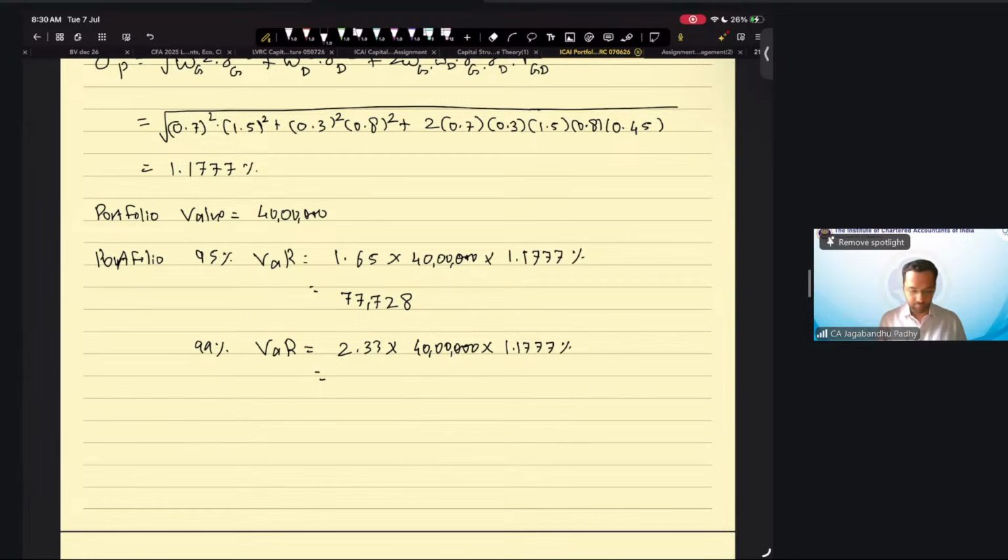Yes, that's 1 lakh 9,762. That's your portfolio risk or portfolio VAR.